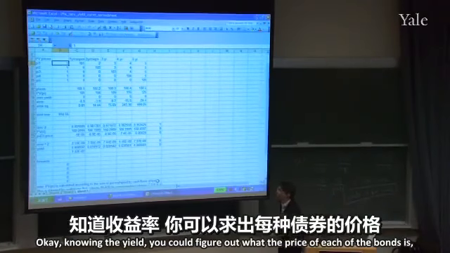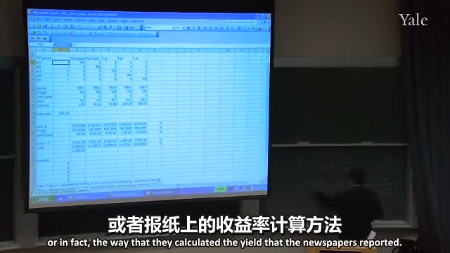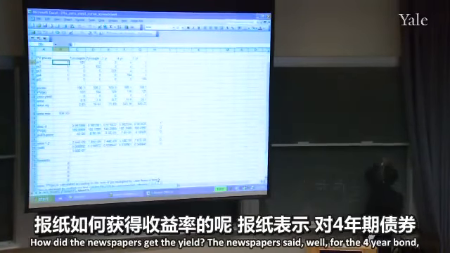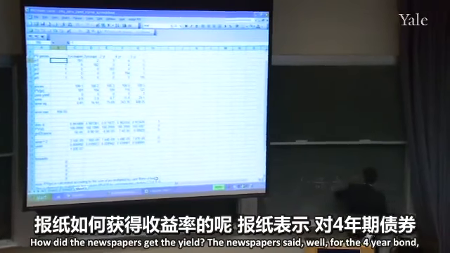Okay, knowing the yield, you could figure out what the price of each of the bonds is, or in fact the way that they calculated the yield that the newspapers reported. How did the newspapers get the yield?